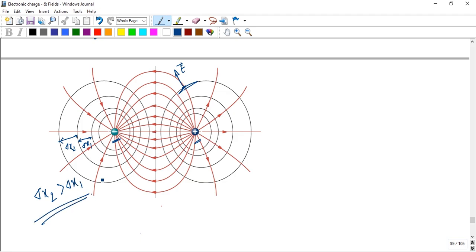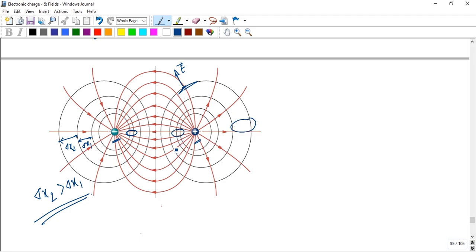So that means if the polarity of the two charges is different, in front of the two charges the equipotential surface is denser here, and less dense there.